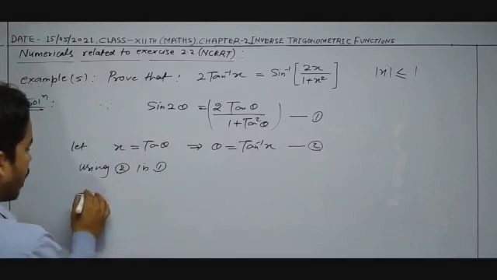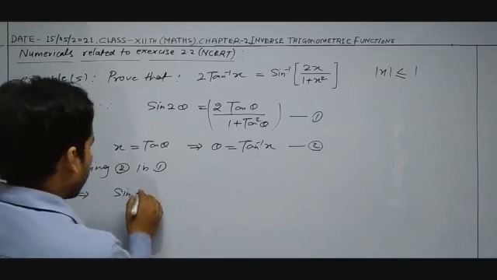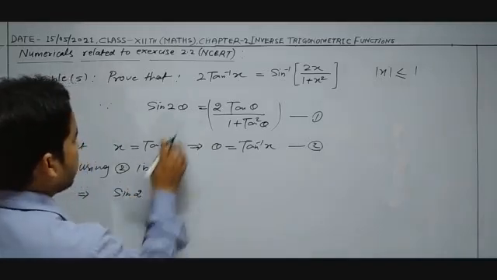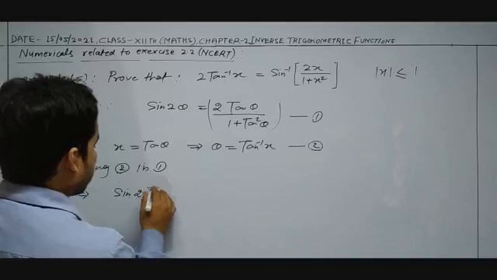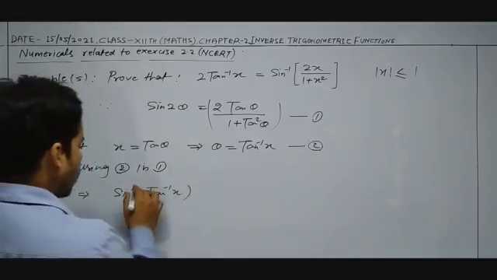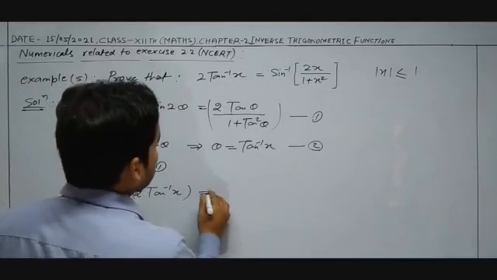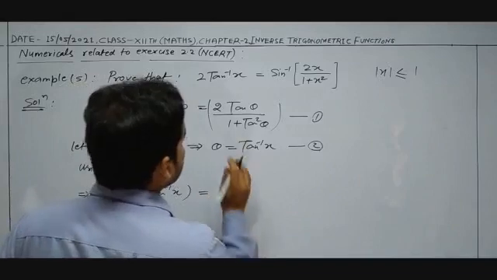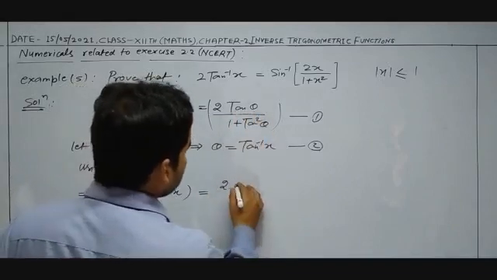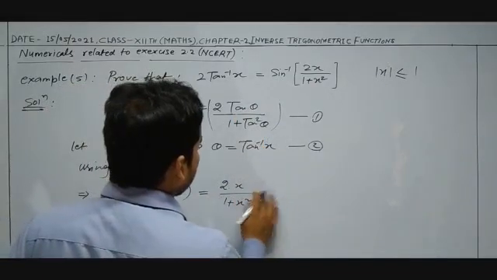This implies sine of 2 times theta, and theta value tan inverse x, is equal to 2 times x whole upon 1 plus x square.